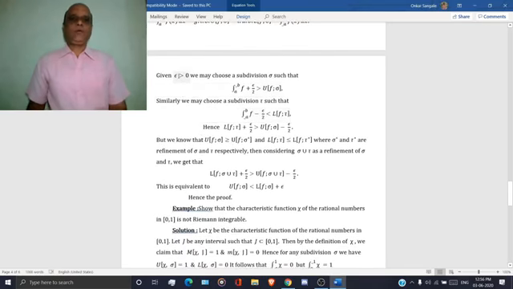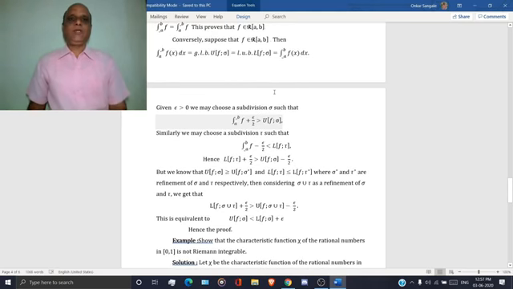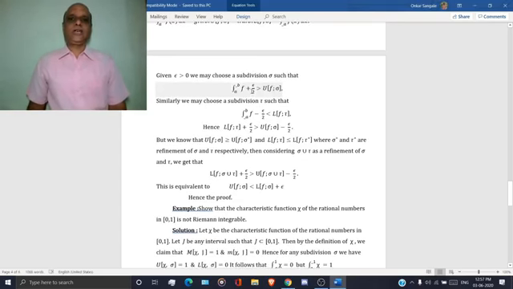Then for epsilon positive, we may choose a subdivision sigma such that the upper integral a to b f plus epsilon by 2 is greater than the upper sum for f corresponding to subdivision sigma. Here we are dropping the greatest lower bound, and therefore we are taking the relation: upper integral of f plus epsilon by 2 is greater than upper sum.